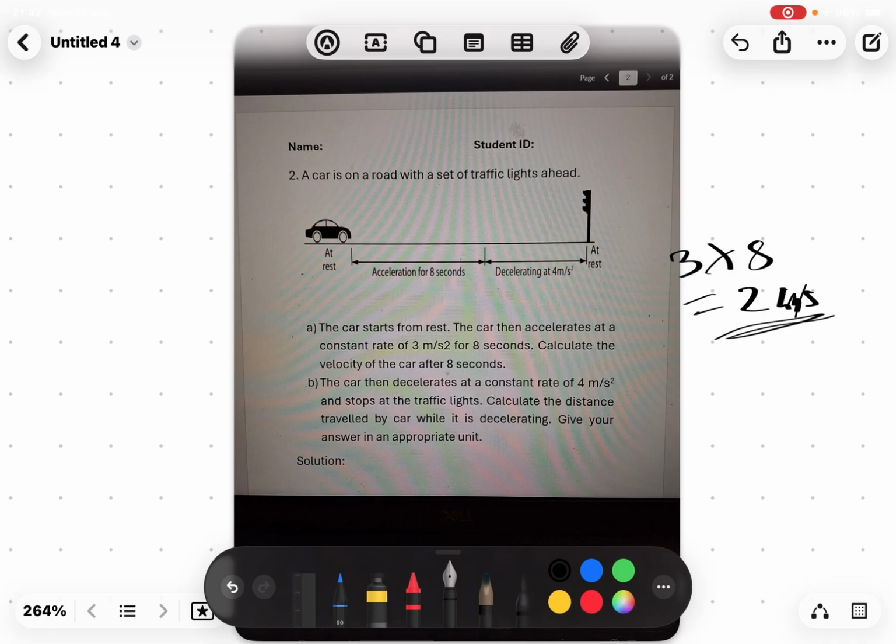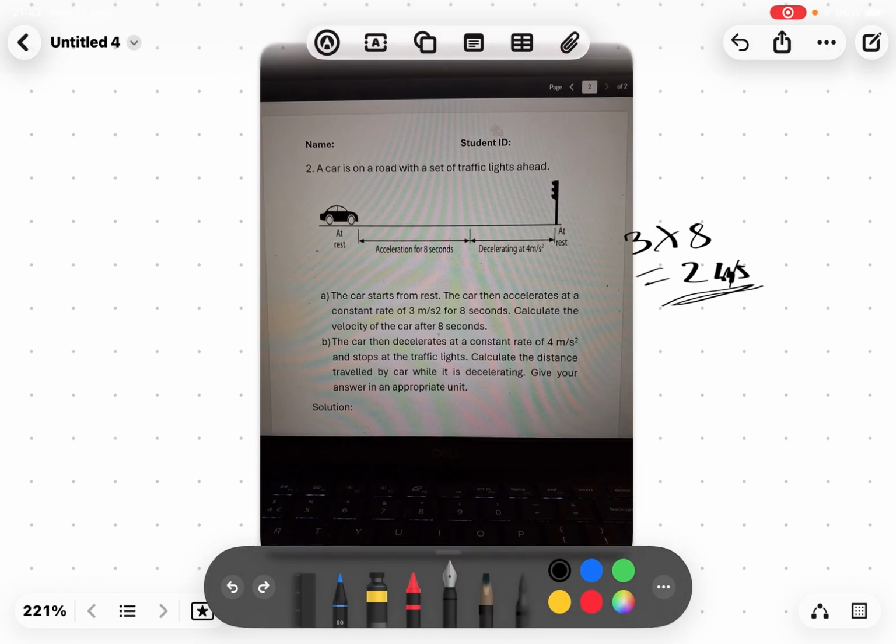Okay, then read this part, please. After here it starts decelerating, and we have to calculate the distance traveled by the car while it's decelerating.